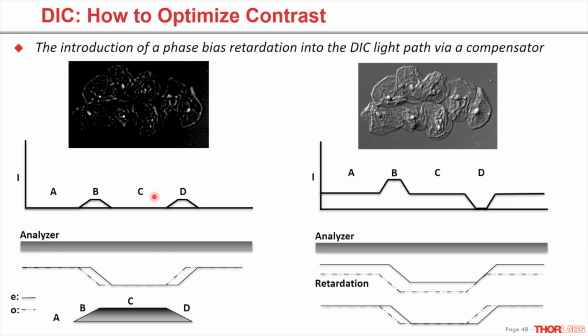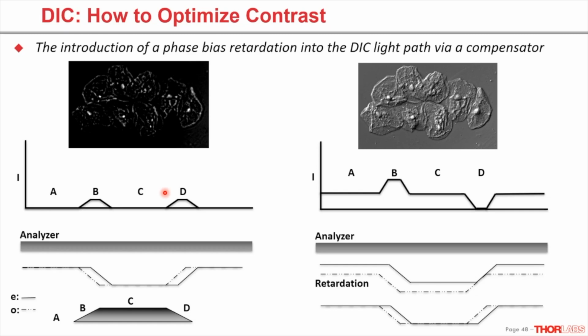And so the idea to better be able to visualize DIC images is to add a bias retardation, to be able to pull this signal out of the background, or off of that base noise floor.